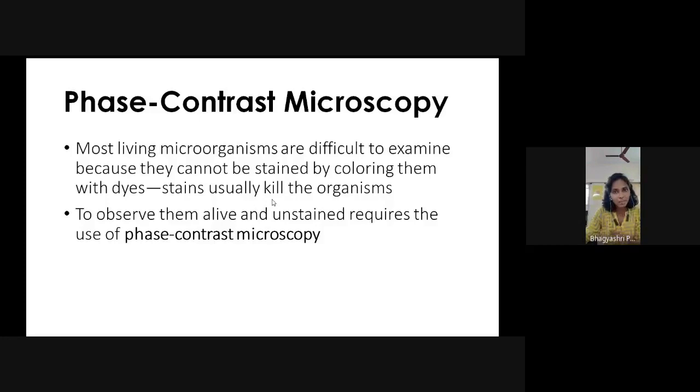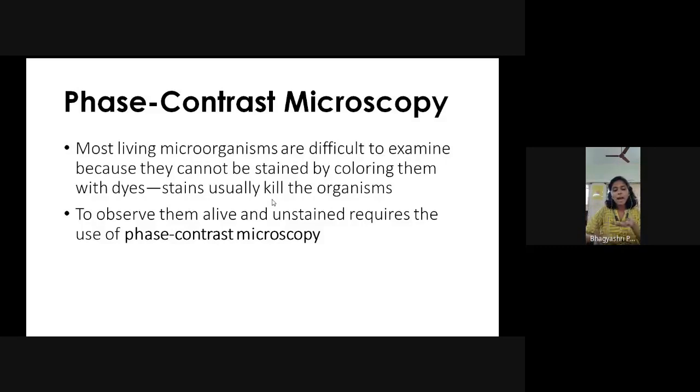So what is the principle? The basic principle is that those lenses and condenser divert the light rays according to the refractive indices of the sample, so contrast will be created at every level.